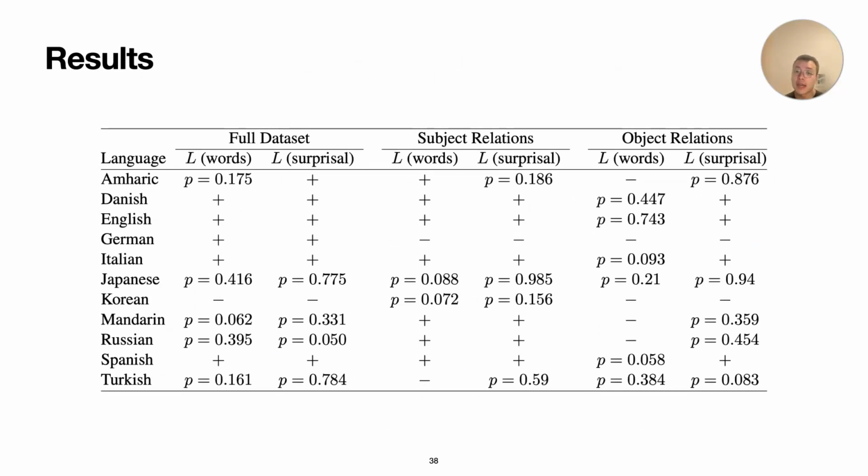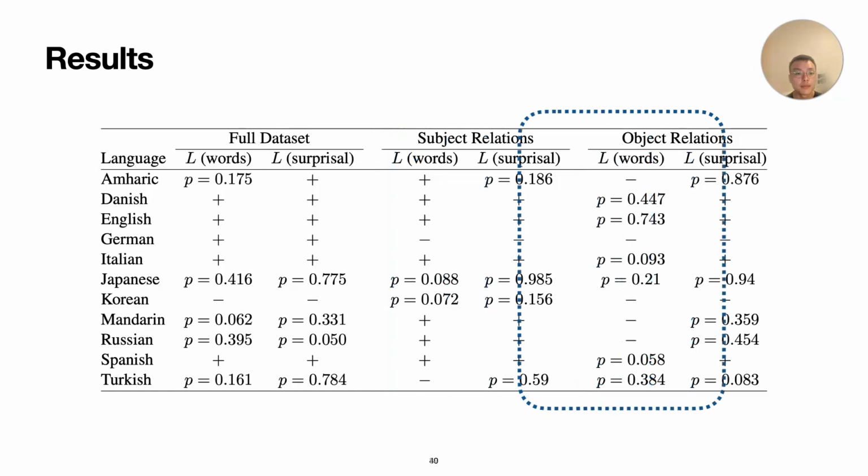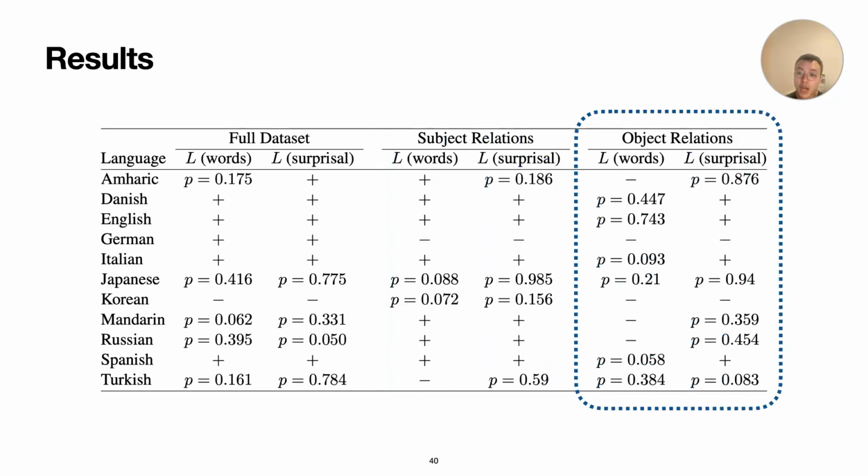In general, we find evidence for a positive effect of antecedent surprisal on dependency length. A closer look at the dependency relations that include the core arguments in the sentence shows that, first, for dependencies with subject relations, this positive relation consistently holds for most of the languages in our analysis. However, for object relations, the evidence for this positive relation is not that clear.